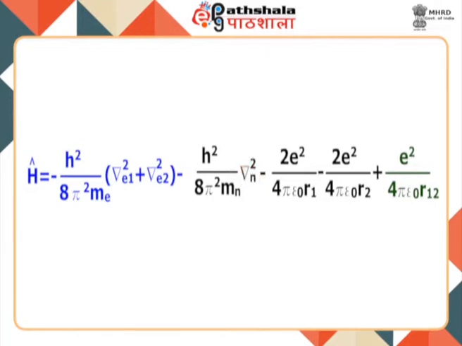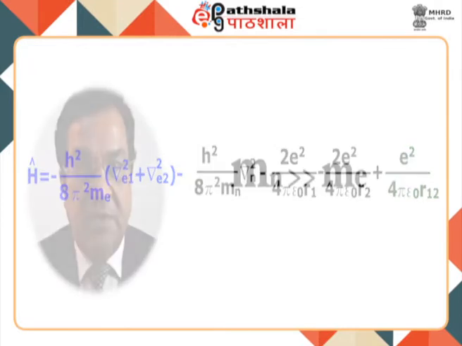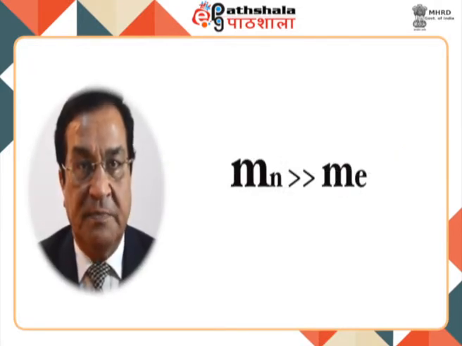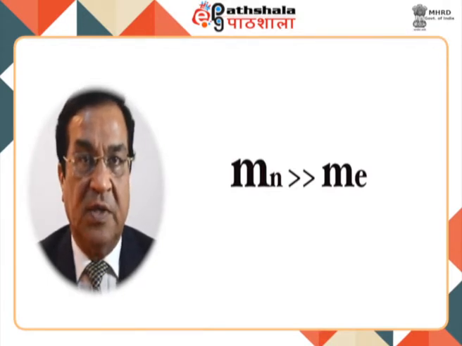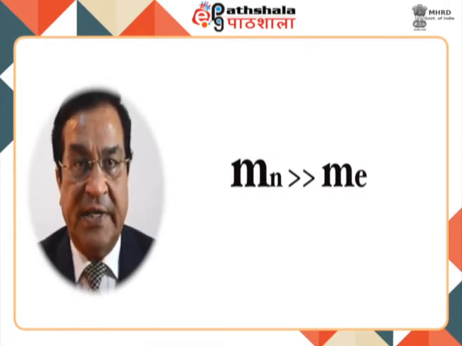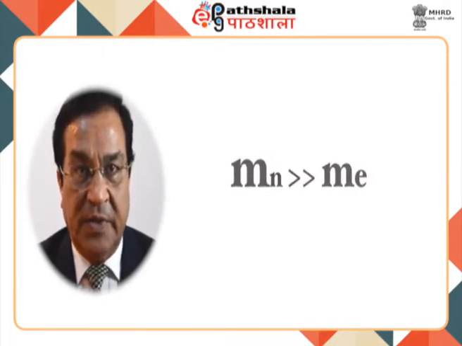Now this Hamiltonian, which we just discussed, can be further simplified by an assumption. Since the nucleus is much more massive than the electron, in this case the nucleus can be considered to be almost at rest, and therefore its kinetic energy contribution can be ignored.